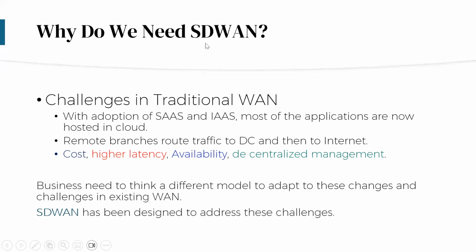Starting from why we introduced SD-WAN. We already have the existing traditional WAN, so why did we introduce SD-WAN? First of all, we need to understand why we need this technology and what the challenges are in the traditional WAN.